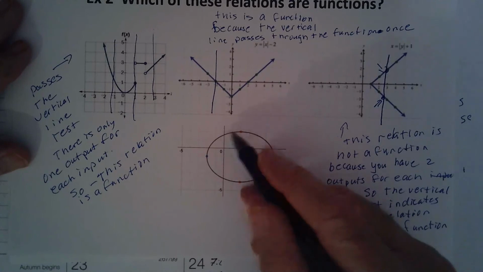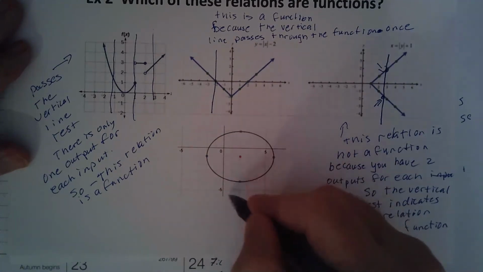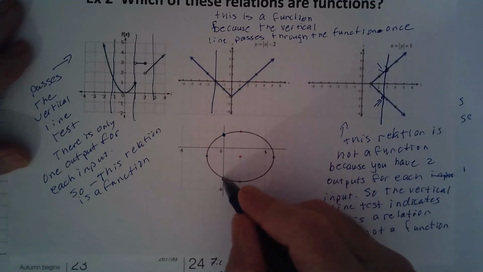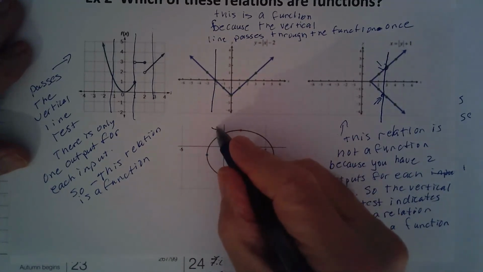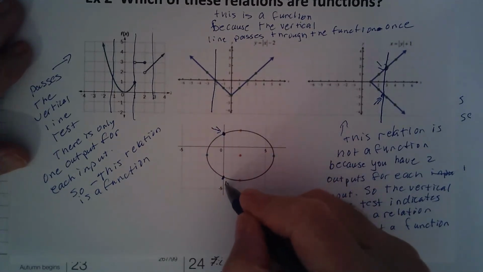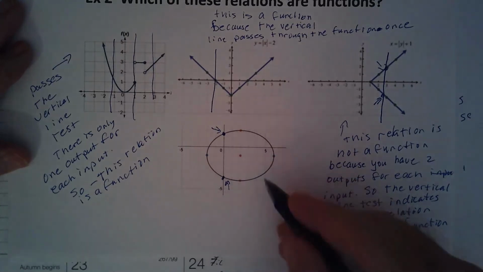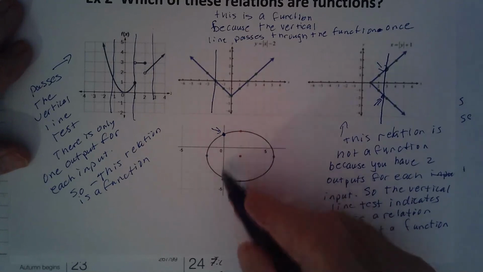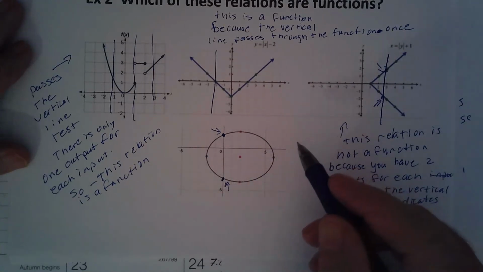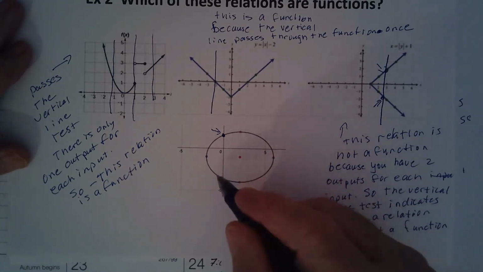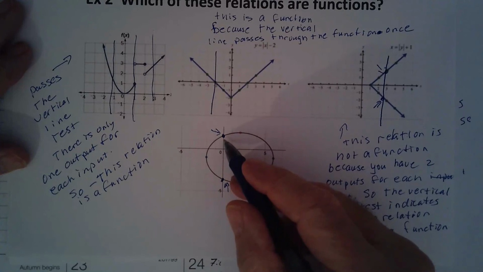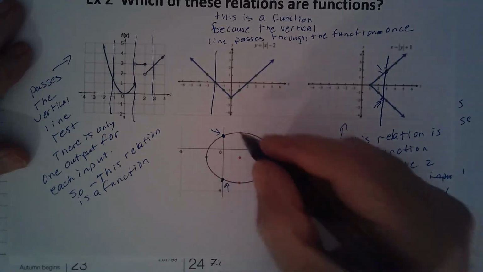Okay. So here I have a vertical line going through this oval, and I could have it going through any place. You can test this, and you can say, oh wait, there are two outputs for the input, which in this case happens to be on the y-axis. The y-axis is where x is 0. So where x is 0, there are two outputs, and anywhere along here, in fact.